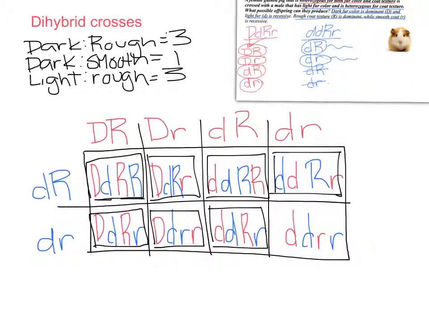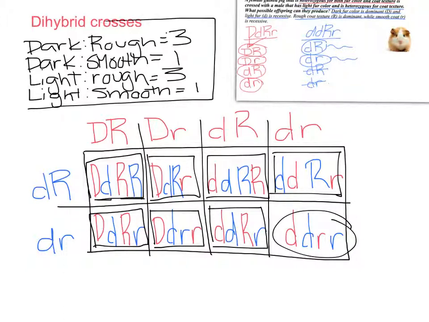So I've got 3 with that combination, and then I have 1 left that's going to have both recessive traits, so light fur and smooth texture. It's going to be 1. Did I get everybody? So there were 8 possible: 6, 7, 8. Perfect. So these would be the possible phenotypes in the offspring.